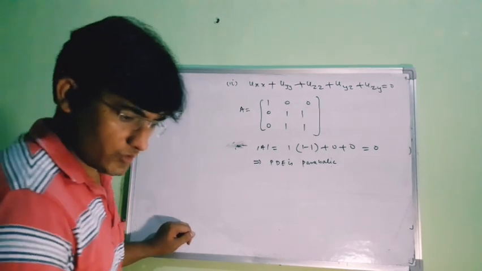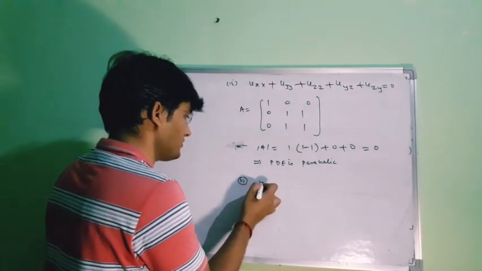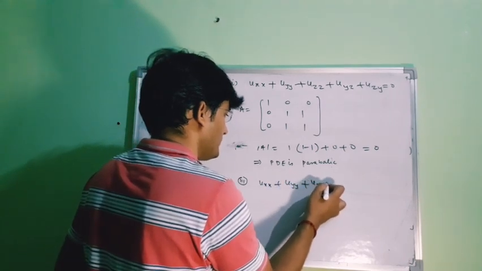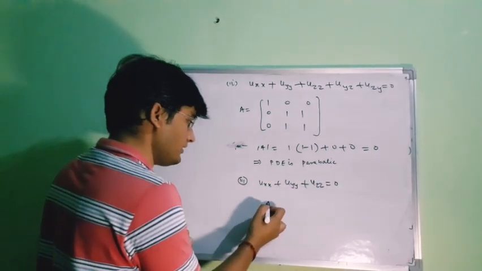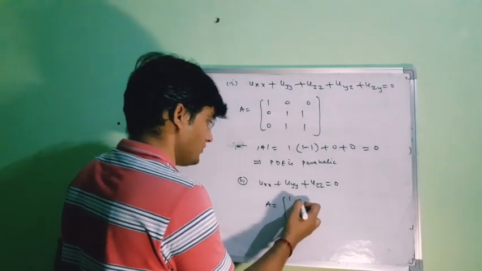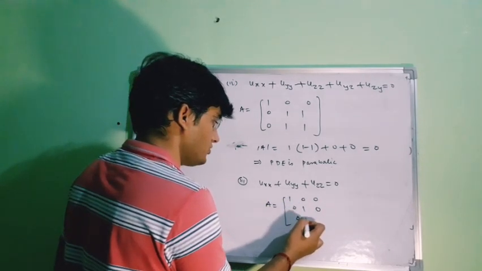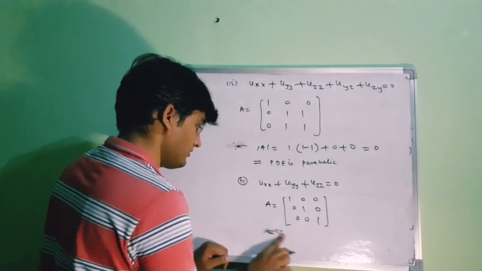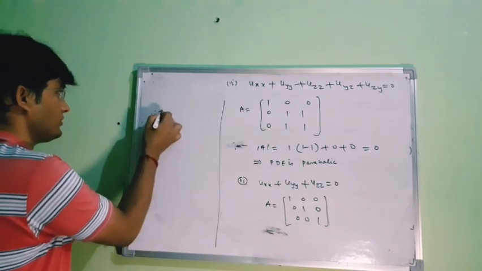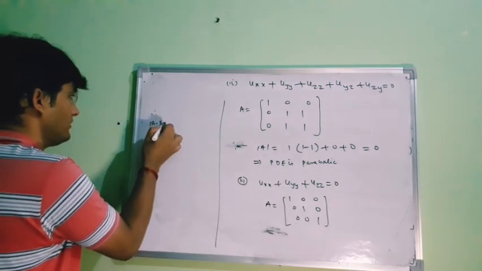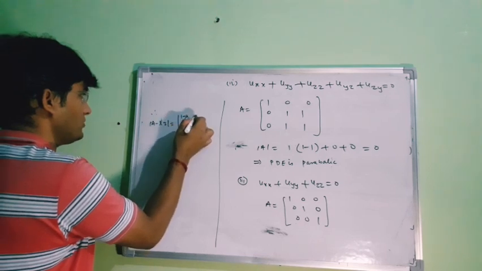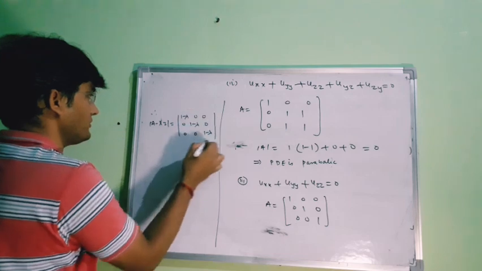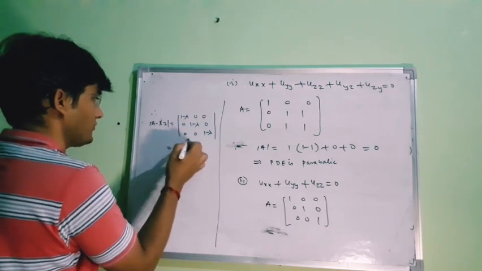Then the next problem was the Laplace equation, uxx plus uyy plus uzz equal to 0. Here again our matrix A is 1 0 0, 0 1 0, 0 0 1. So determinant of A minus lambda I is equal to 1 minus lambda, 0, 0, 0, 1 minus lambda, 0, 0, 0, 1 minus lambda, which is equal to (1 minus lambda) cube.